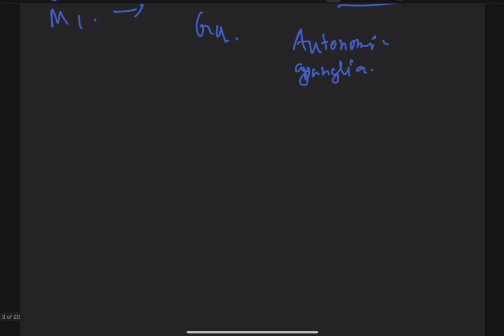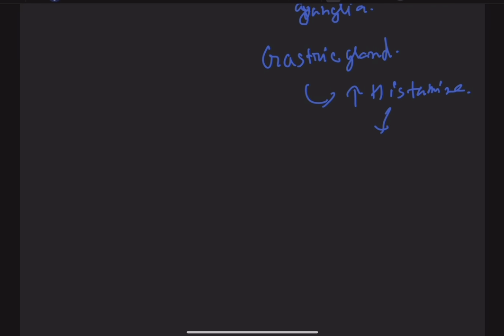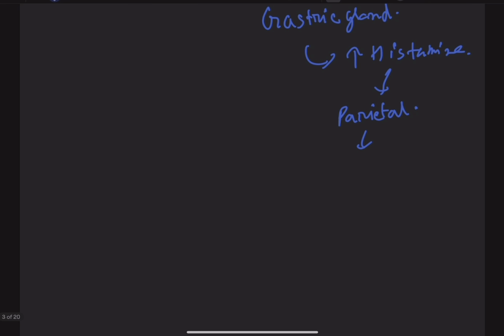Autonomic ganglia, then they're located in the gastric glands. In gastric gland, it increases the release of histamine, and that leads to increase. So there is the parietal cell, and when histamine acts on the parietal cell, they increase the acid secretion from the parietal cell into the gastric lumen.